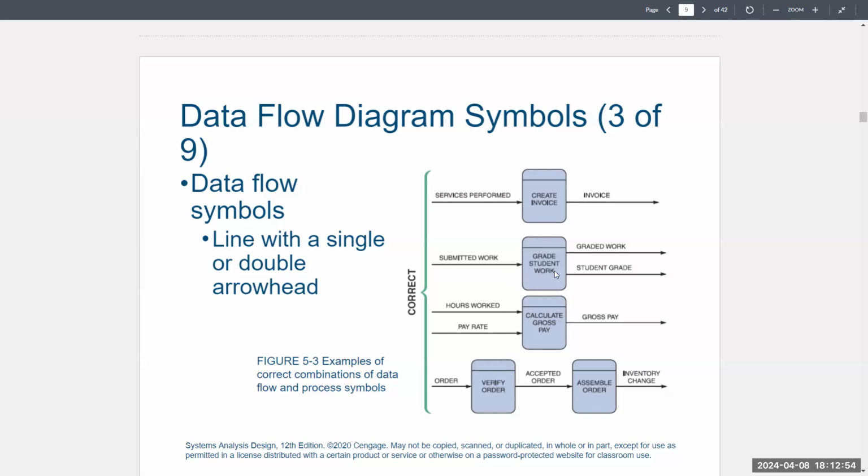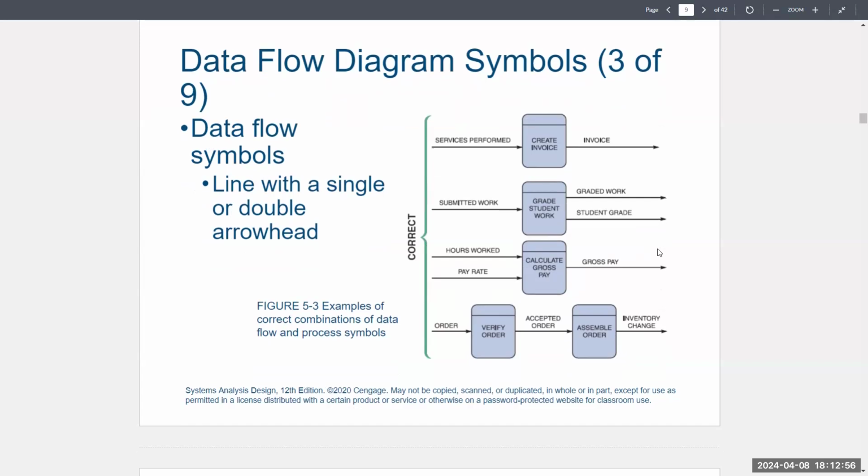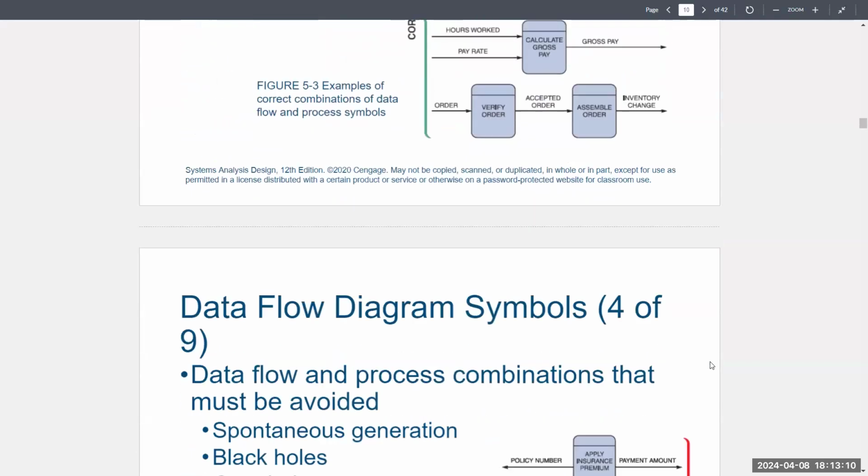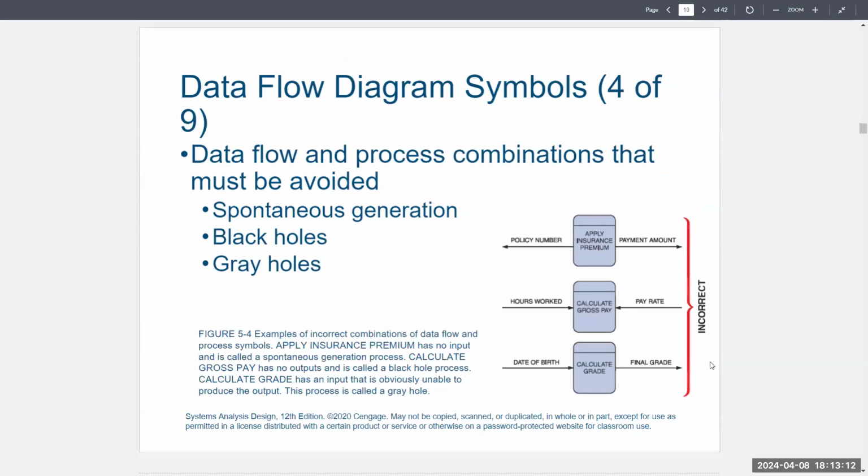Sometimes one input can result in two outputs. Two inputs can result in one output, and you can also have chaining of different processes, where one input results in an output which becomes the input for another process. So that's the data flow.